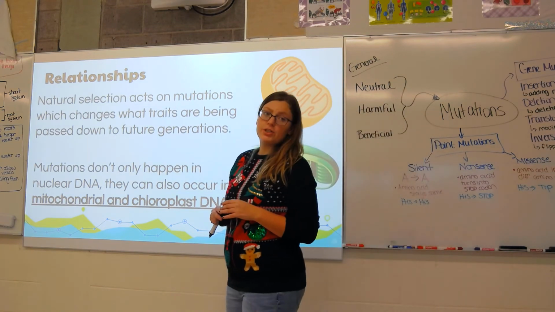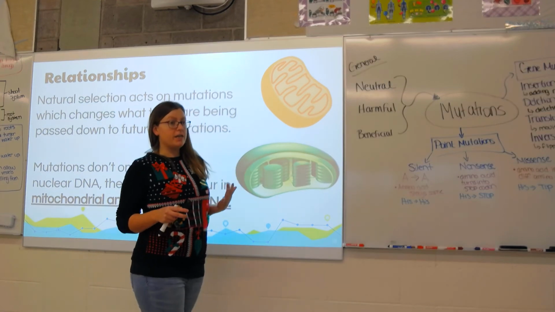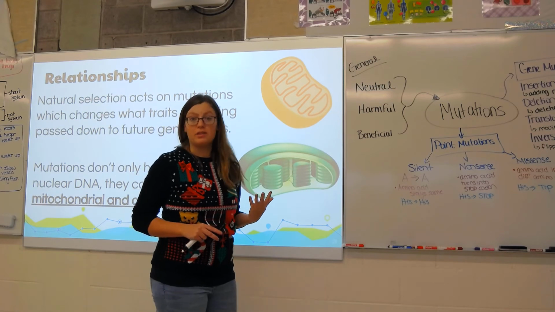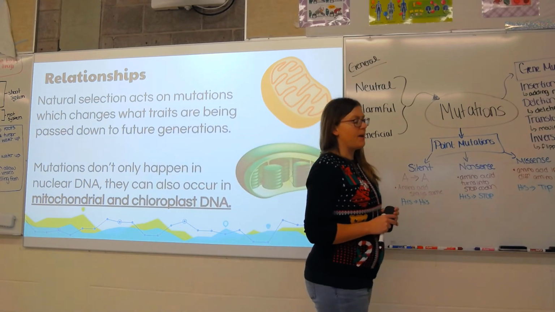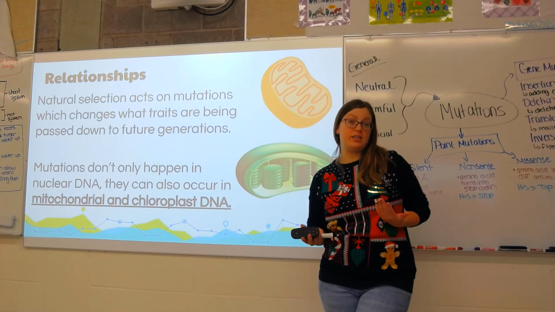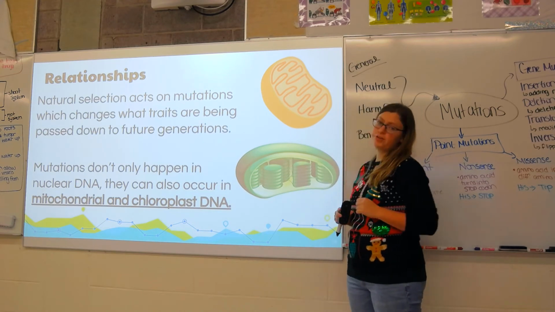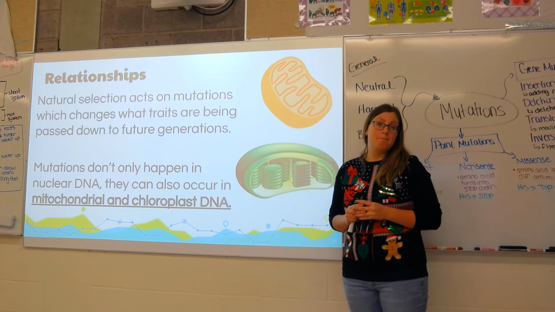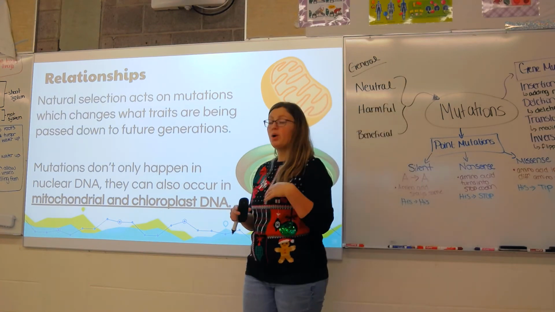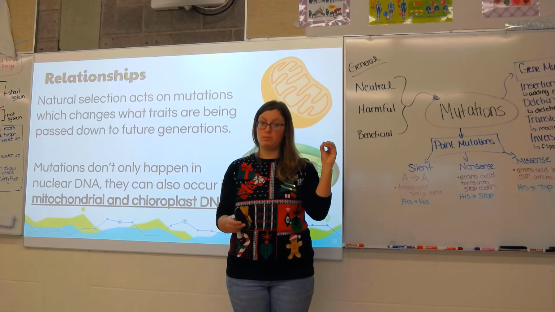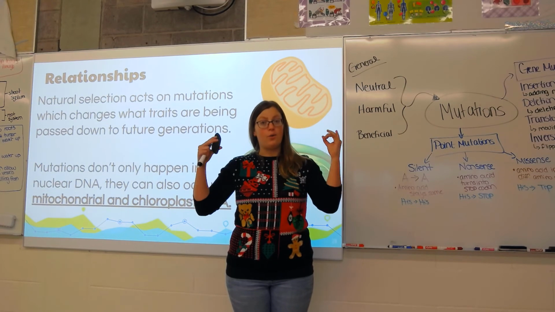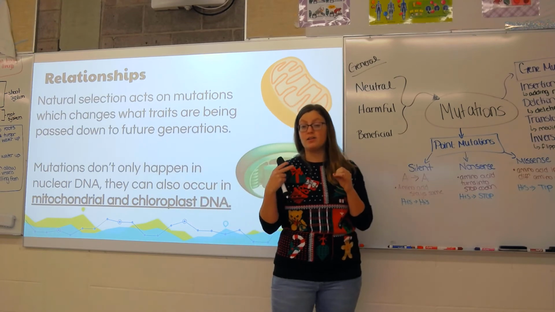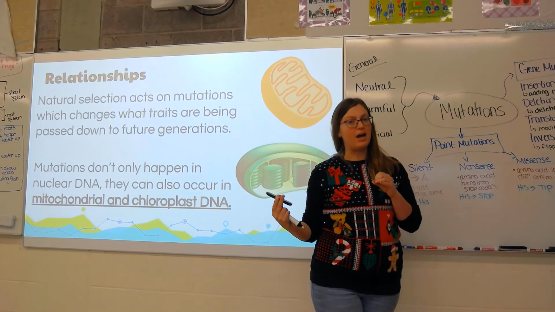And when we're looking at evolutionary history and evolutionary theory, mitochondrial and chloroplast DNA is super, super helpful because it's passed down in a slightly different way than nuclear DNA is. So mitochondrial DNA, for example, you only get mitochondria from your mom, because during the process of fertilization, when the sperm cell and the egg cell come together, the sperm cell loses its tail, and the mitochondria of the sperm is only found in its tail.